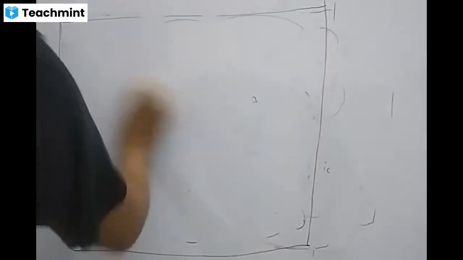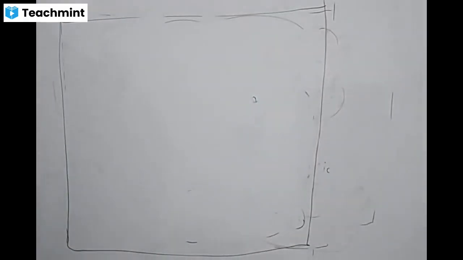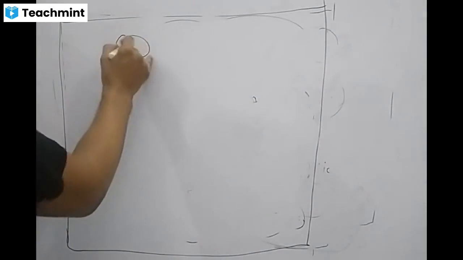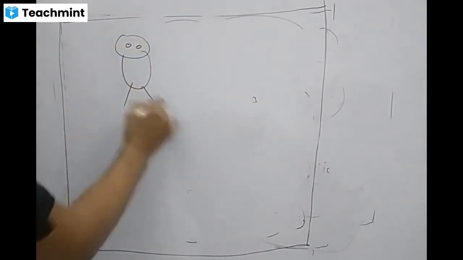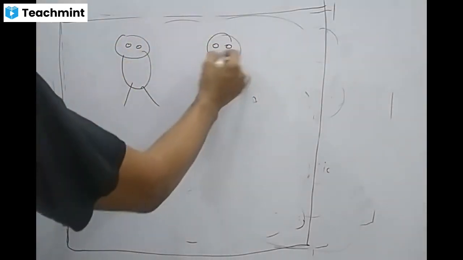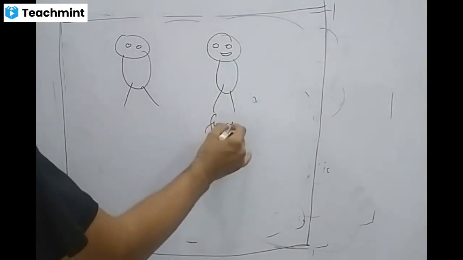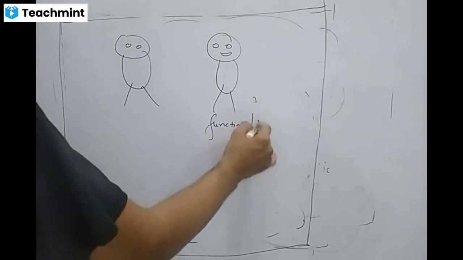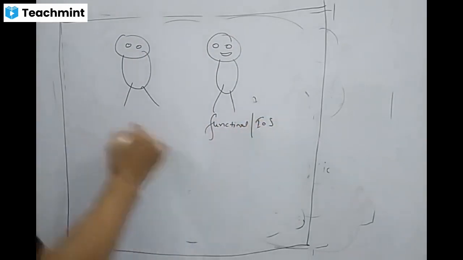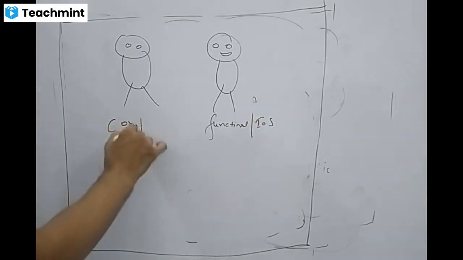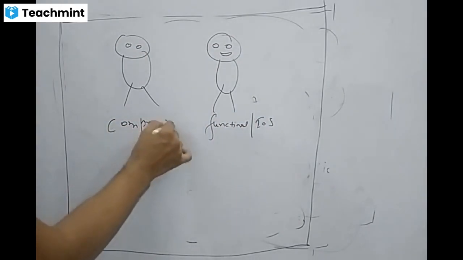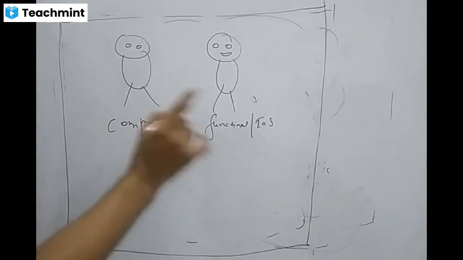So what is the clinical importance of these drugs, bactericidal or bacteriostatic? Suppose these are two patients. One is having a functional or healthy immune system, and this one is having a compromised immune system.